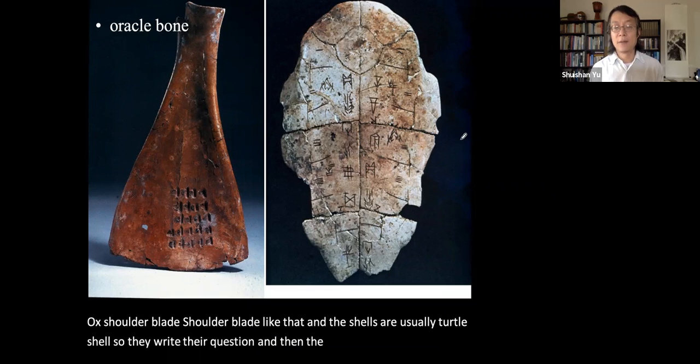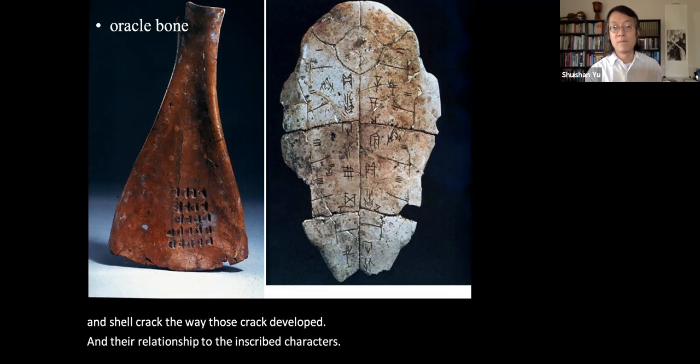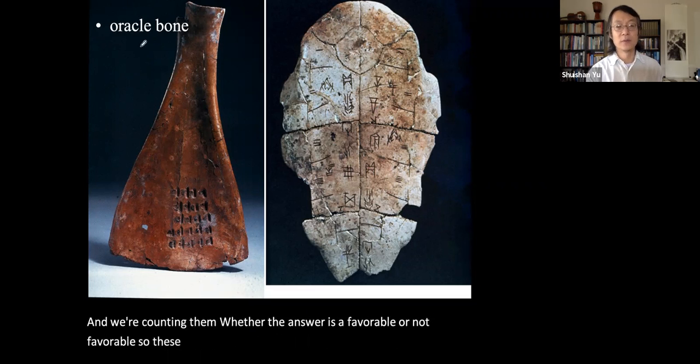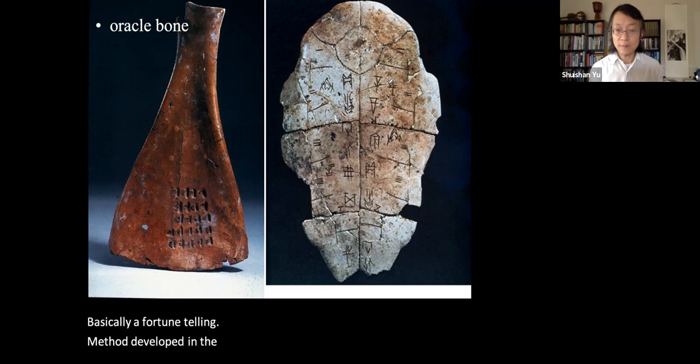And when the bone and shell crack, the way those cracks develop and their relationship to the inscribed characters told them whether the answer was favorable or not favorable. So these are called oracle bones. They are basically a fortune-telling method developed in the Shang Dynasty.